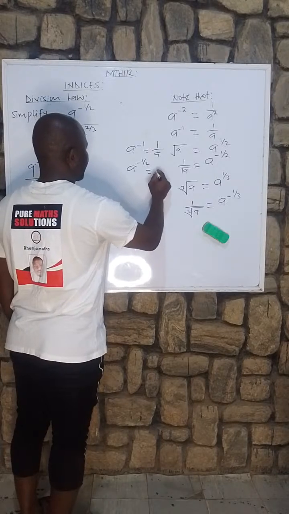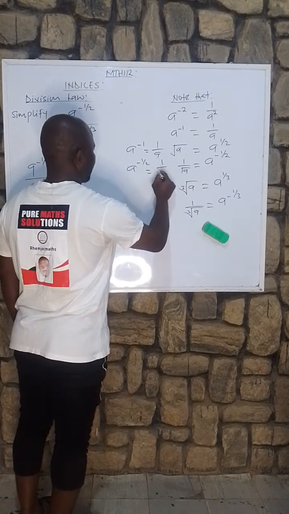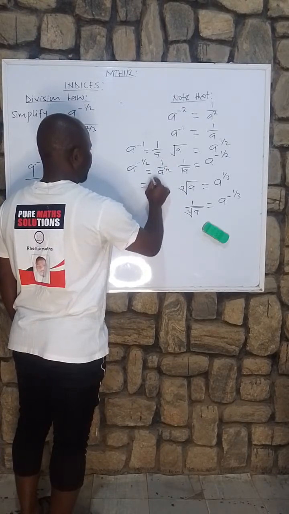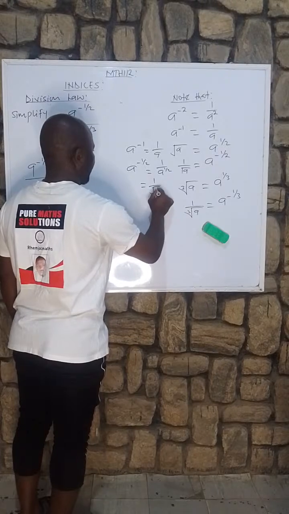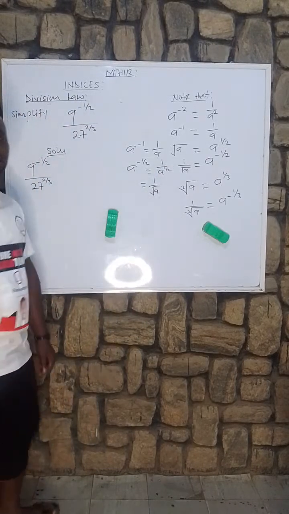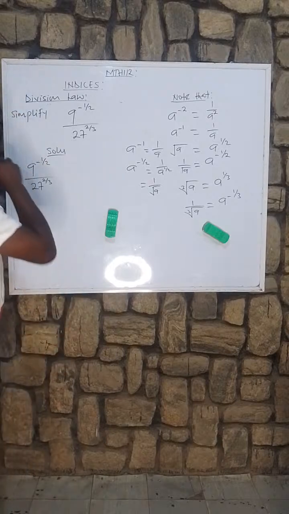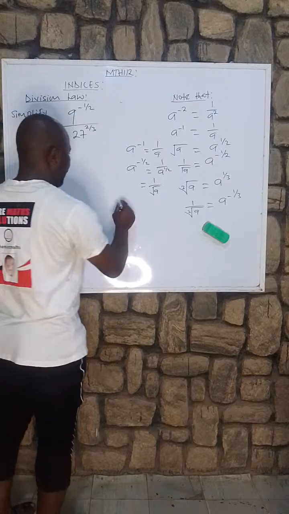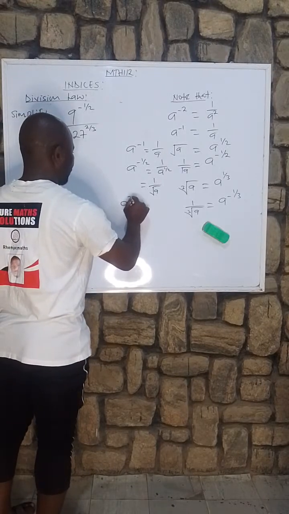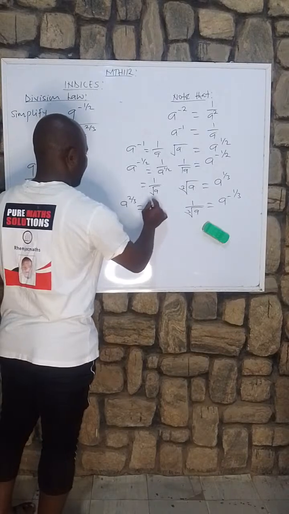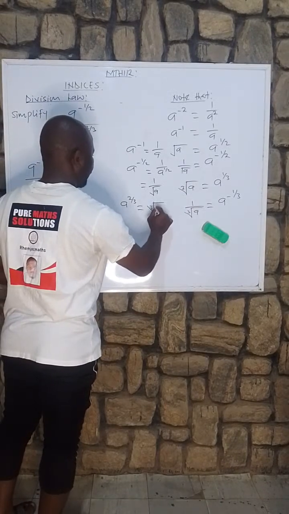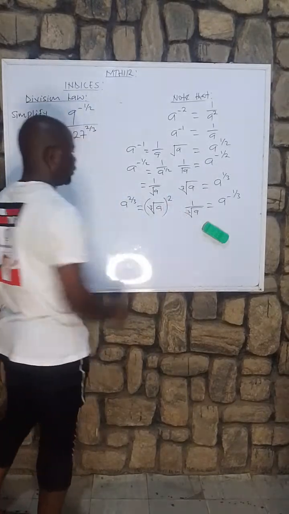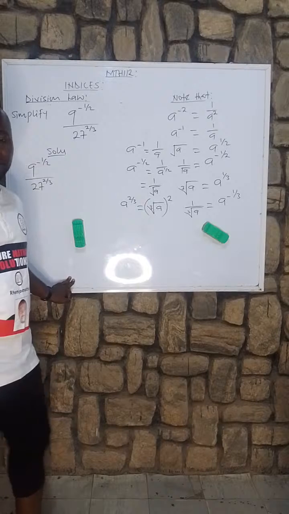This implies that this is the same as 1 all over a raised to the power of 1 all over 2, or 1 all over square root of a, because this is the same thing as square root. True or false? So if we have a raised to the power of 2 all over 3, this is the same thing as the cube root of a, in bracket, raised to the power of 2. Amen? Yeah.